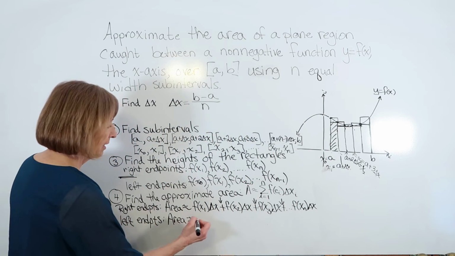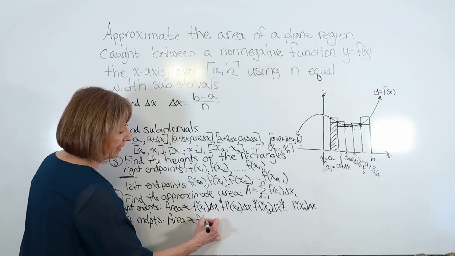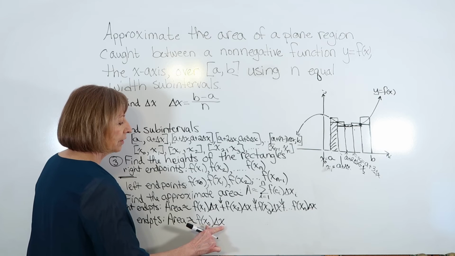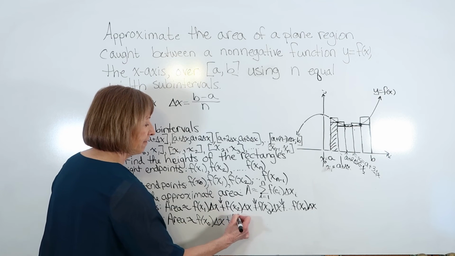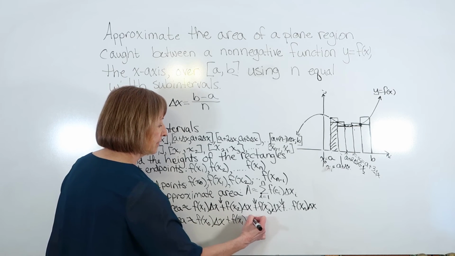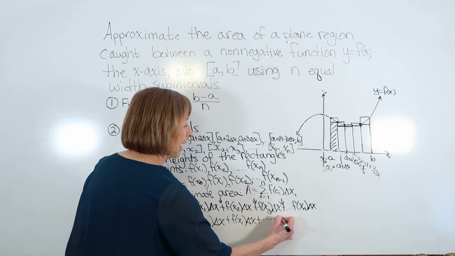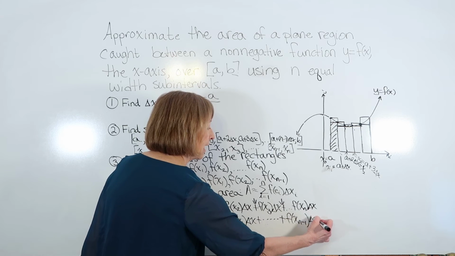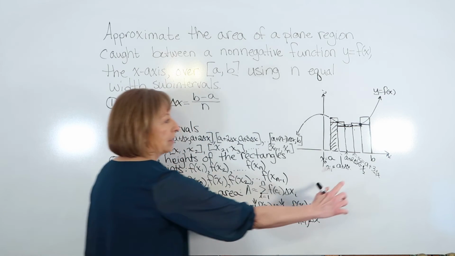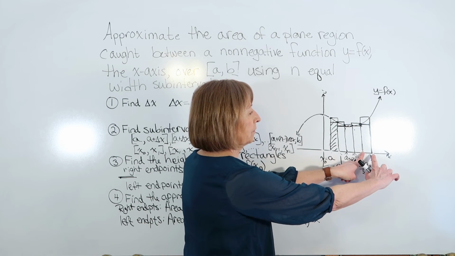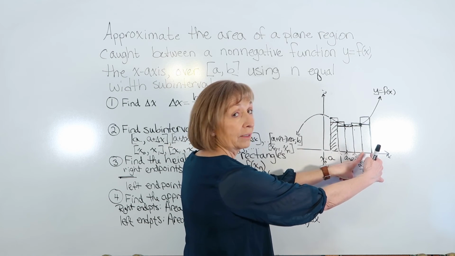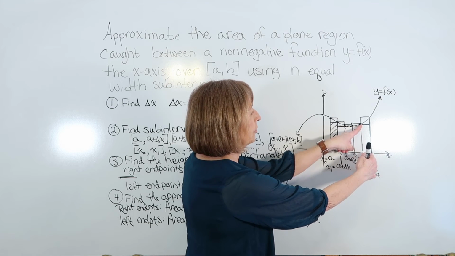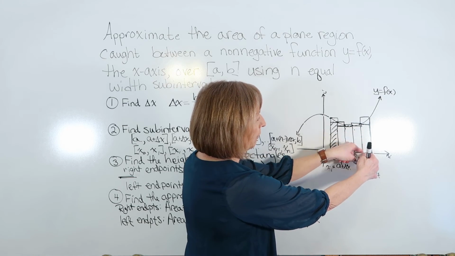So this one's going to be f of x sub 0 times delta x for my first subrectangle's area, plus f of x sub 1 times delta x for the second one, and then you're going to go out to f of x sub n minus 1 times delta x for the last rectangle. Because remember, left endpoint, it would be this one run through, which is one step before you get to the end. And then run that through the function, that gives you the height. So that would be that area.